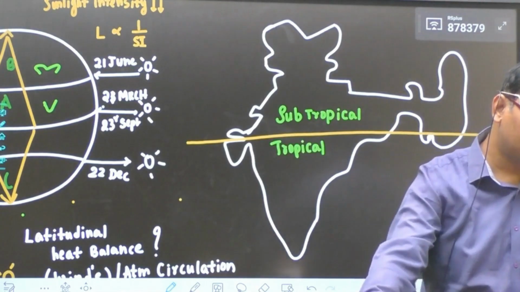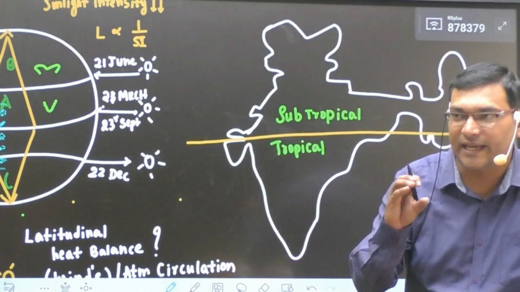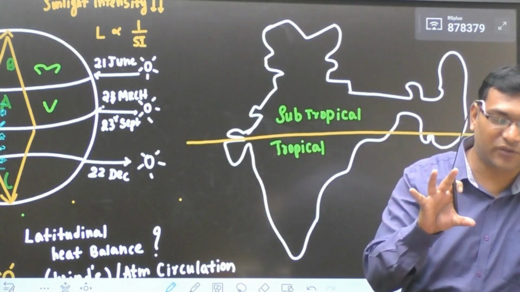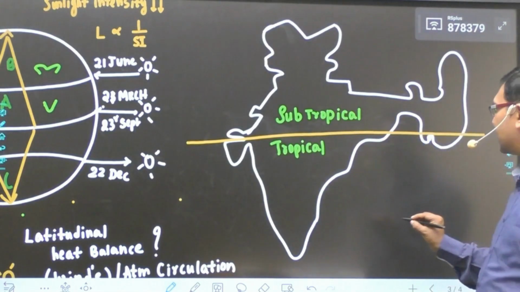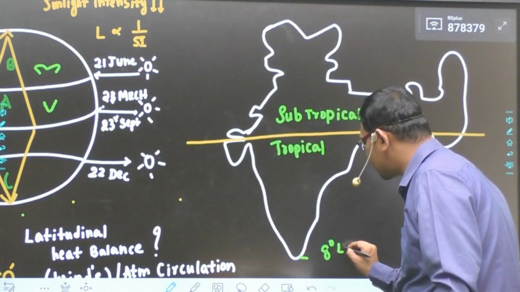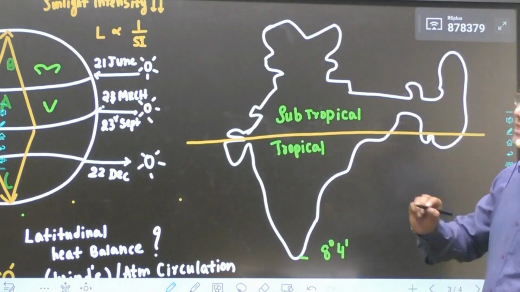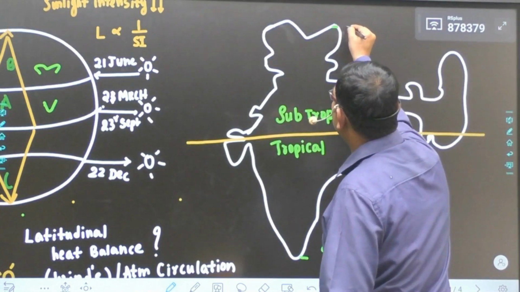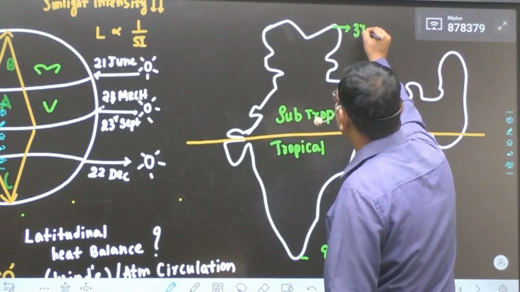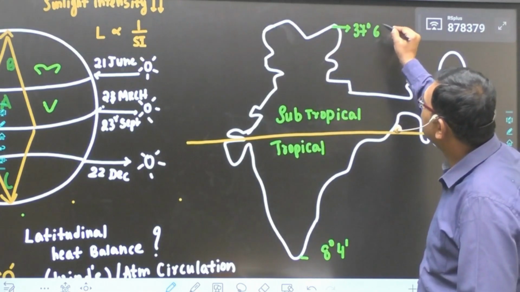Okay, fine. So now, if I say the exact location of India from the latitudinal point of view, India's northernmost latitude is 37 degrees 6 minutes north.